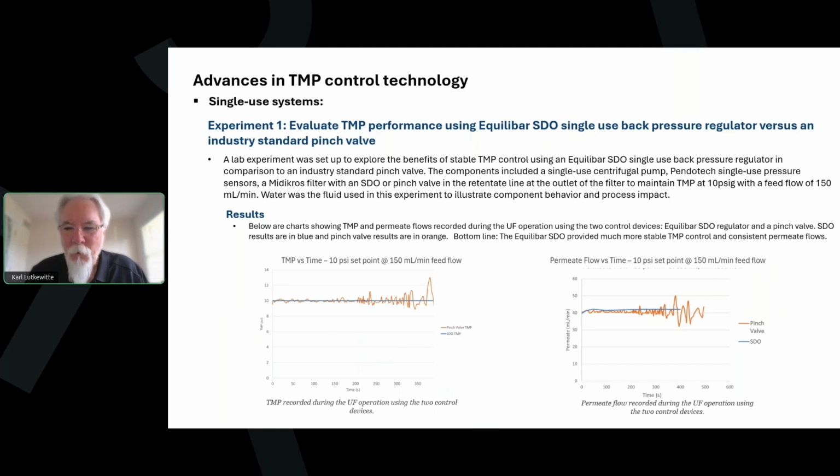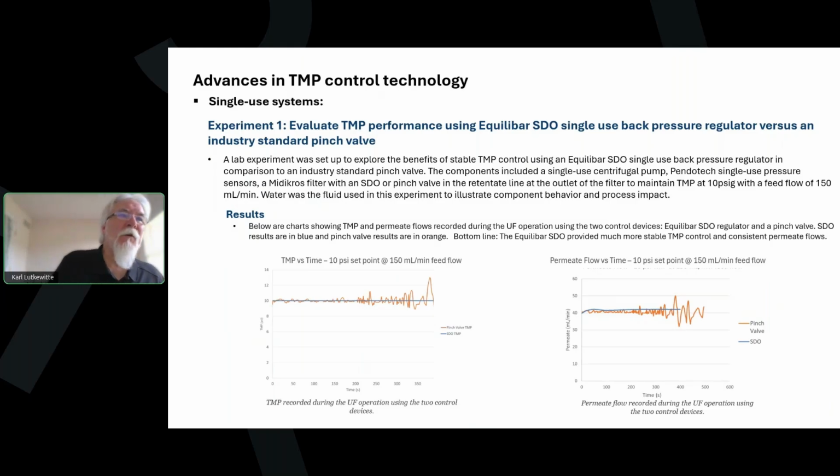The only regulator that's been around in the industry prior to the SDO single-use regulator has been tubing pinch valves. The orange squiggly lines are the pressure maintenance of the pinch valve, and the blue line is the SDO recorded pressure. So really stable pressure. The pinch valve is really struggling to maintain that pressure.